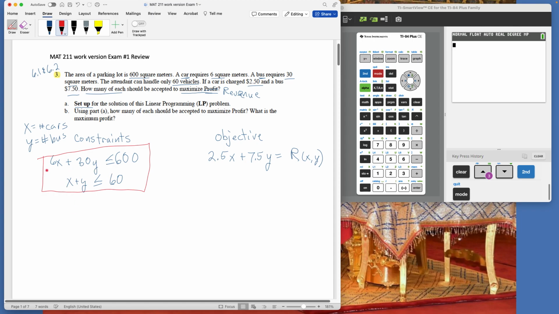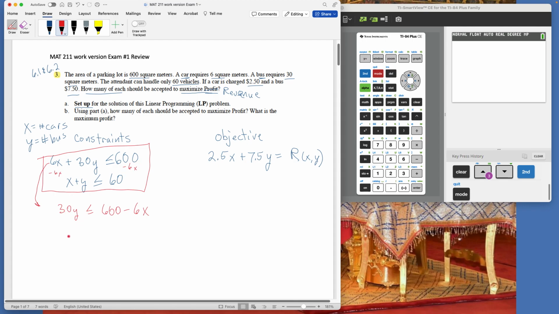So this first one, how are we going to graph it? Well, we're going to solve it for y. So we would subtract 6x from both sides, right? And that's going to leave us with 30y is less than or equal to 600 minus 6x. Notice how you could just move it over there by changing the sign.